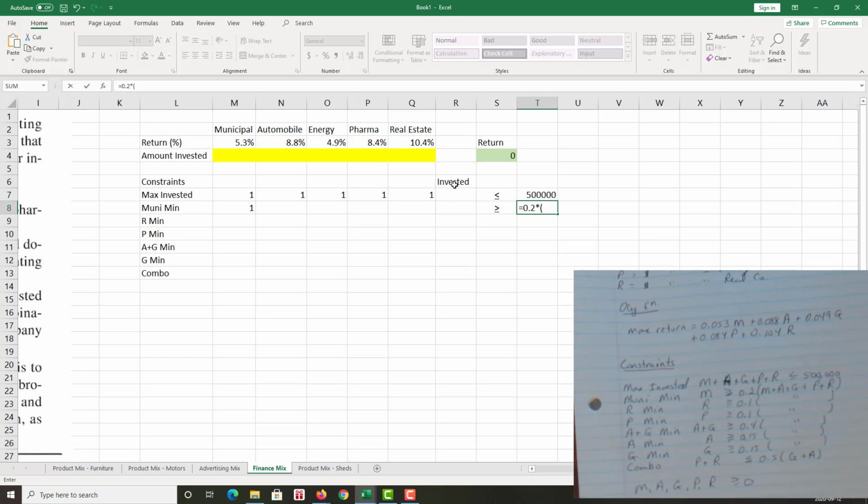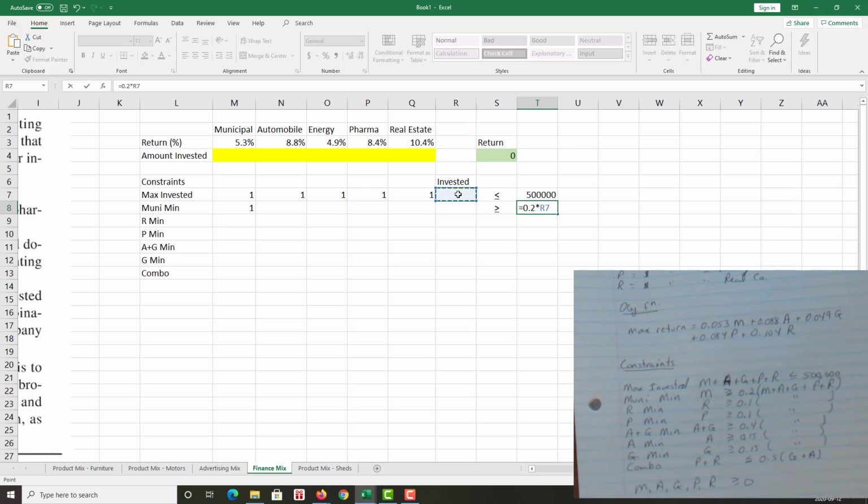Because remember, that invested column is how much you actually invest. I don't need any brackets. I just have to click that cell. Hey, I've gotten this calculation already. Why am I going to keep doing it over and over again? Especially since it appears in most of the calculations and most of the constraints. I don't want to be doing a whole lot of typing. I'm not that ambitious. I got things to do. Okay. And so, hey, look at that. Got that down.